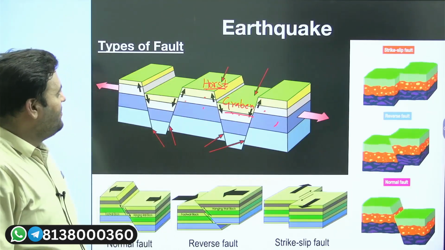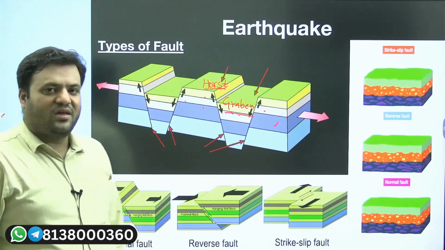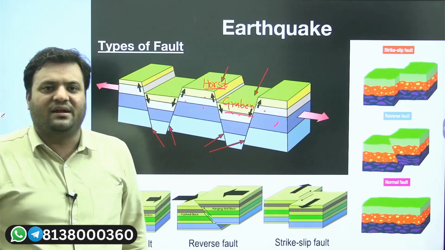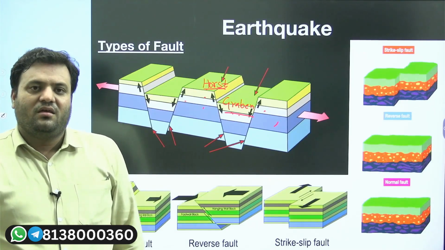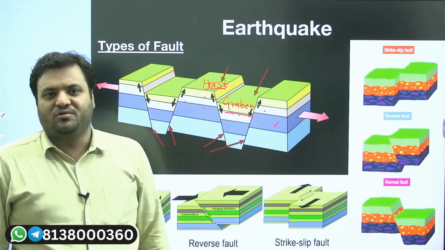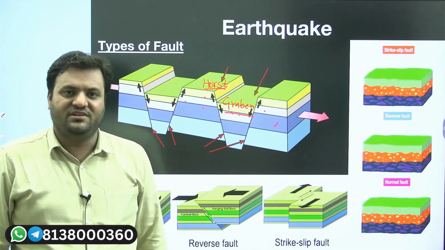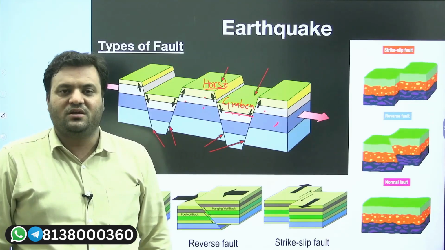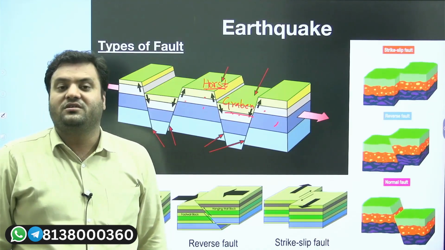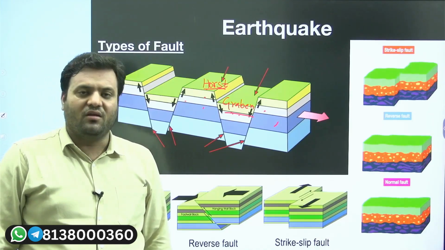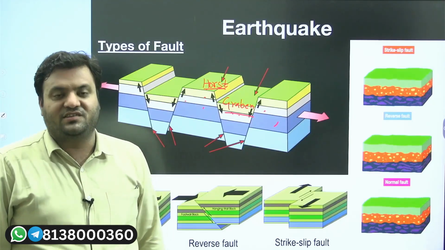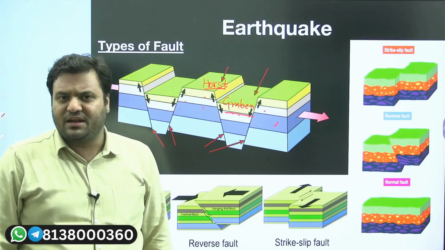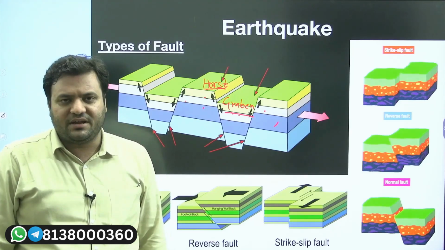Okay, so here I hope you have clarity regarding the types. Faults have a great relevance to earthquakes. So wherever you see faults, those areas always have earthquakes, apart from plate margins. Earthquakes will always occur at the plate margin, that is for sure, as per plate tectonics theory.